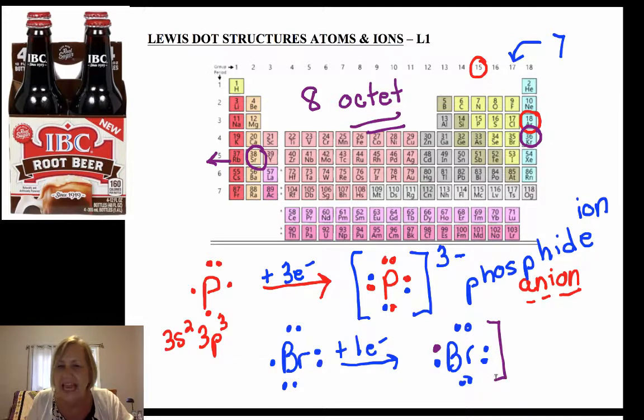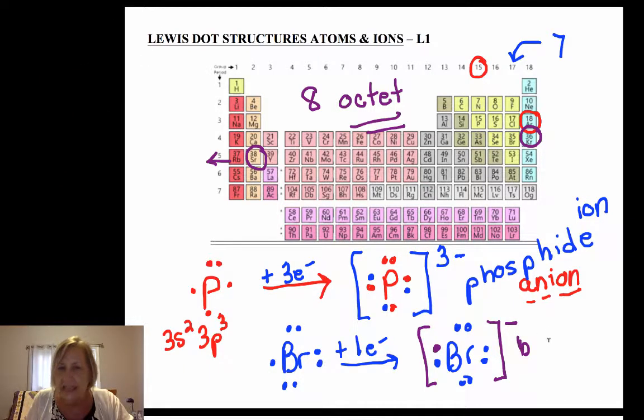Nonmetals gain to be like the next noble gas. Don't forget ions, brackets, charges. Now, only anions change their name; cations don't change their name other than saying strontium ion as opposed to just strontium. This would change its name to become bromide instead of bromine, the bromide ion.